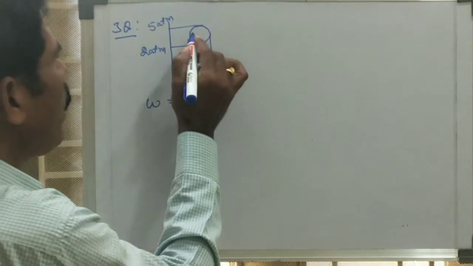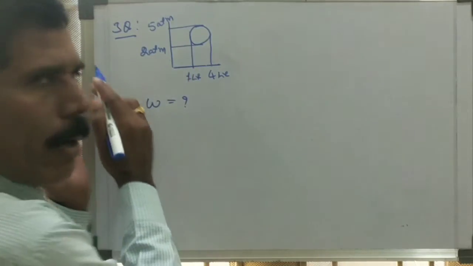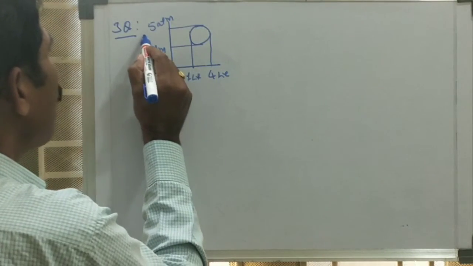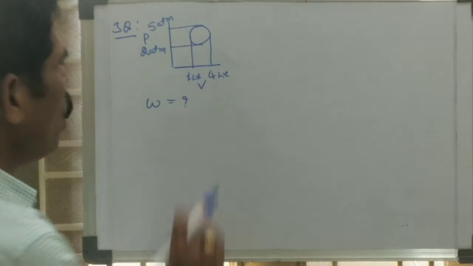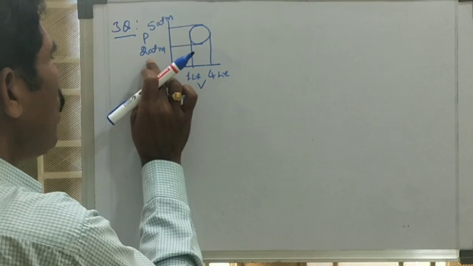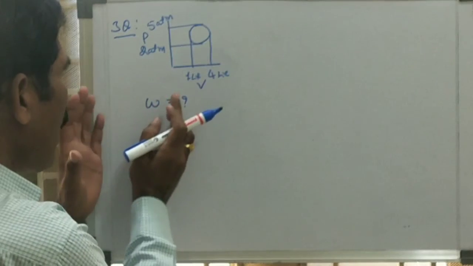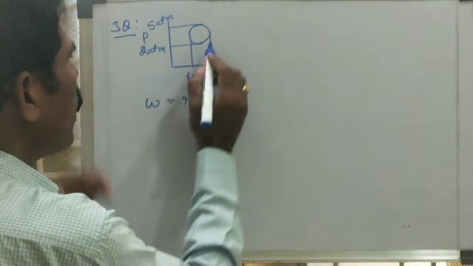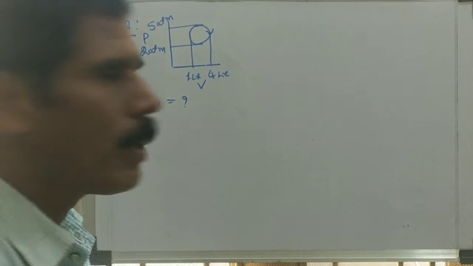Here a circle was given, with pressure on the y-axis and volume on the x-axis. Volume is given as 1 liter to 4 liters, and pressure 2 atmosphere to 5 atmosphere. They are asking to calculate work done.